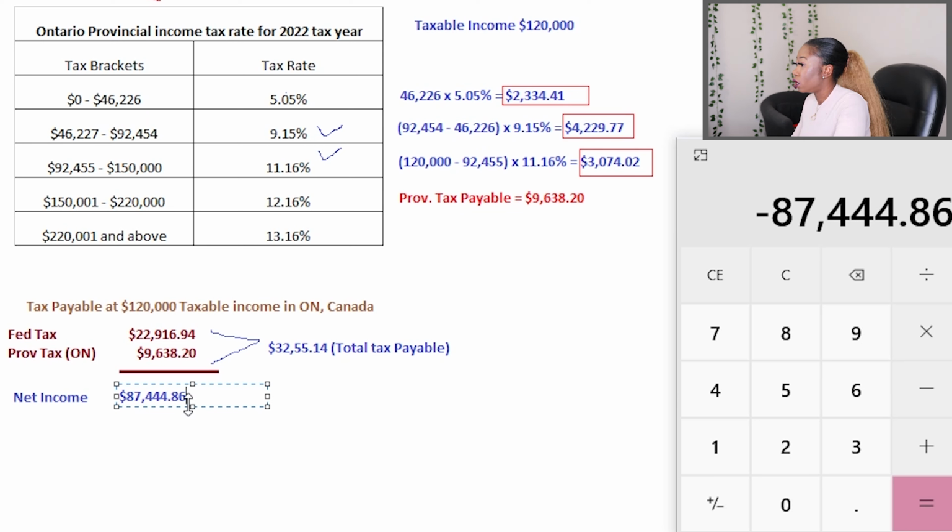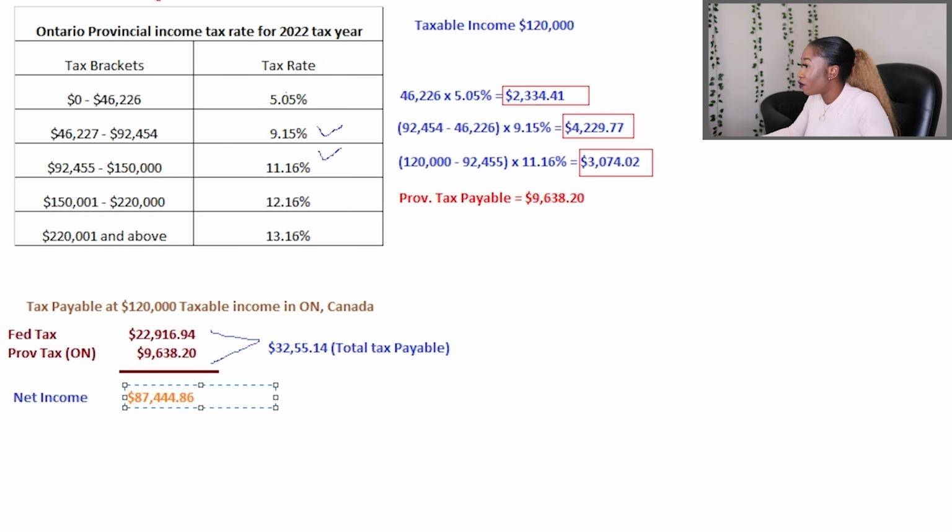That would be his net income. So this is the calculation of how net income and provincial income taxes in Canada would be calculated. If you want, you can pause, you can replay, just to have a better understanding of how these things are done.